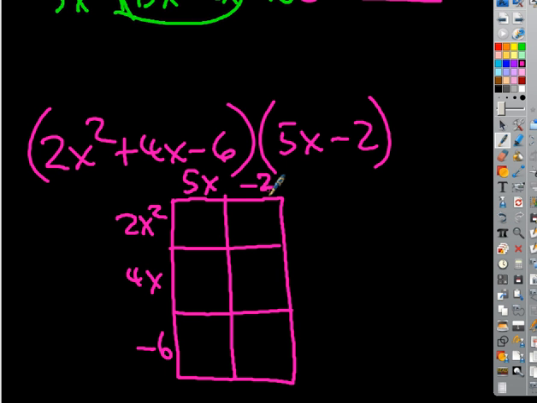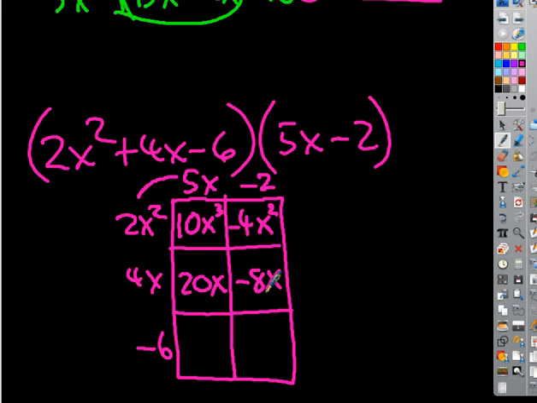Okay? And so, same idea. Now I've got 5x times 2x squared. That's 2 times 5 is 10. X squared times x is x cubed. I've got 2x squared times negative 2, so that's going to be a negative 4 x squared. Now I'm going to go to the second row. 4x times 5x is 20x. 4x times minus 2 is minus 8x.